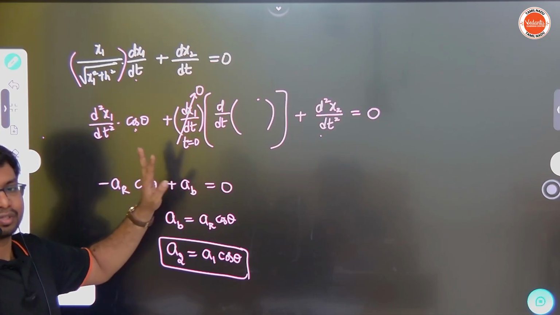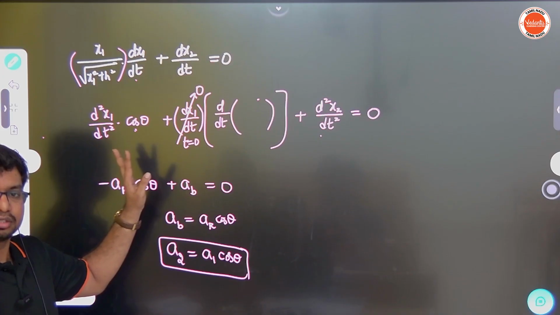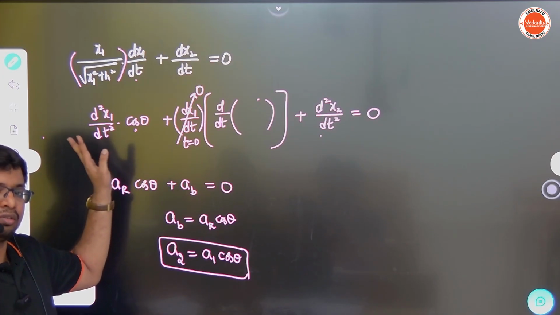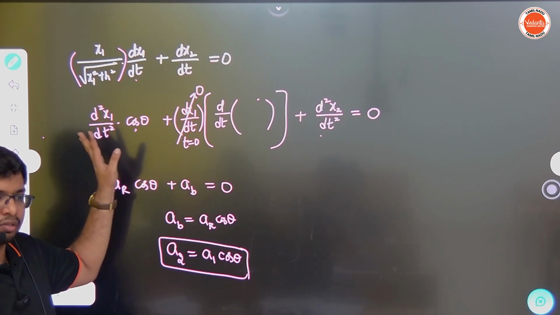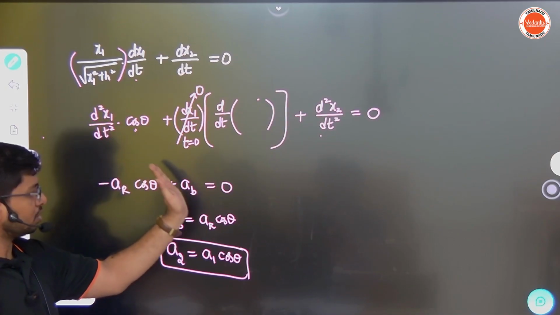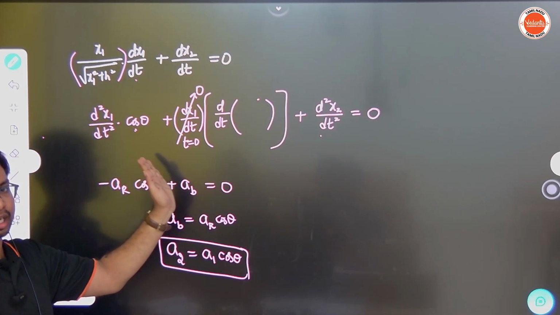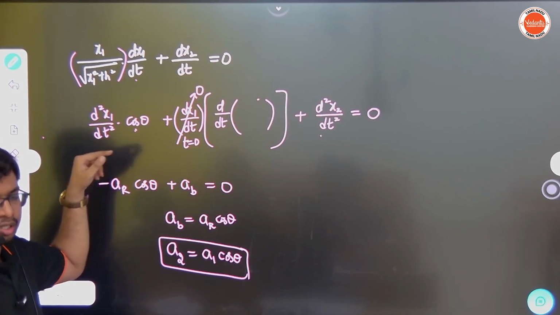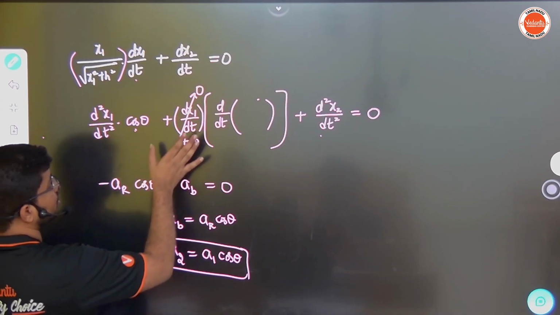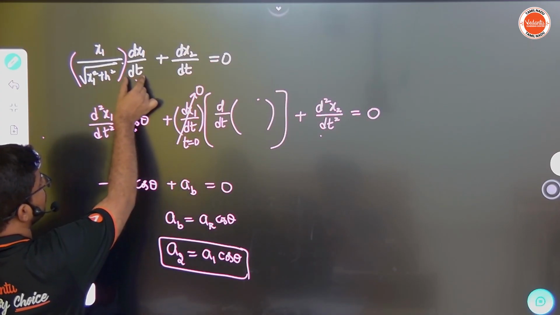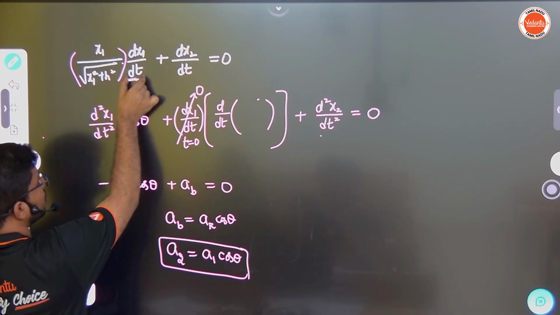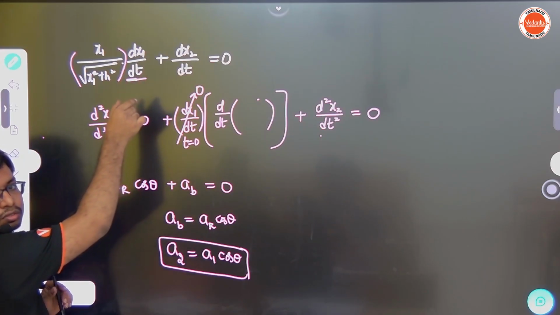At what instant we are doing this analysis here? Initially at a time t equal to 0, right? At time t equal to 0, that inclined string is making an angle theta with the horizontal, right? At that instant I'm differentiating this one. At t equal to 0, this term is equal to 0, right?